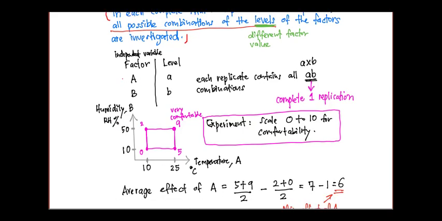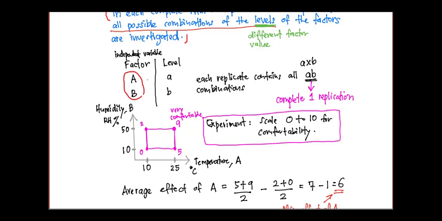So we have two factors. Factor A is temperature, factor B is the relative humidity or simply humidity percentage. So we have factor A and B, and we have to check the effect of these two factors on the response, which is the comfort level.